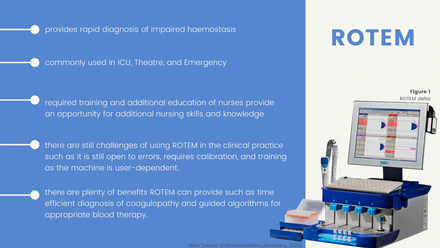This helps the nurses to anticipate interventions and managements for improved patient outcomes. Although ROTEM is still facing some challenges, it provides plenty of benefits such as time efficiency in diagnosis and a guided algorithm for appropriate blood component therapy, which overall reduces hospital cost and leads to better patient outcomes.